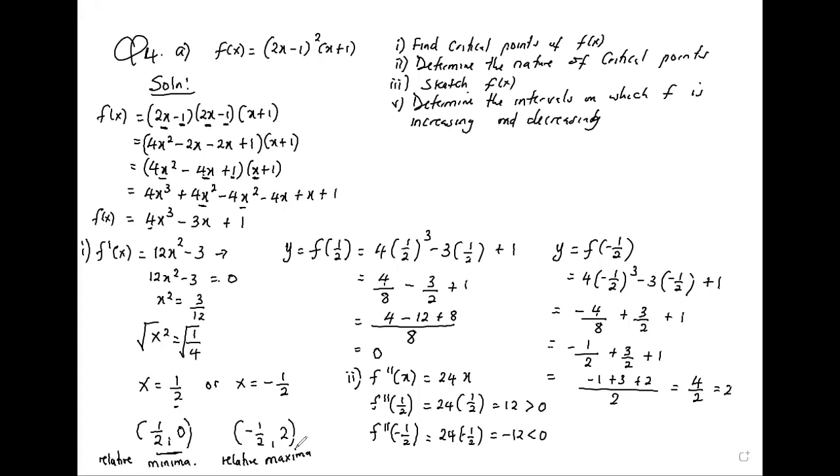If the second derivative, when you substitute, gives you a positive number, the point is called the relative minimum. If it gives you a negative number, then the point is relative maximum. So what we have here as relative minima and relative maxima are turning points.